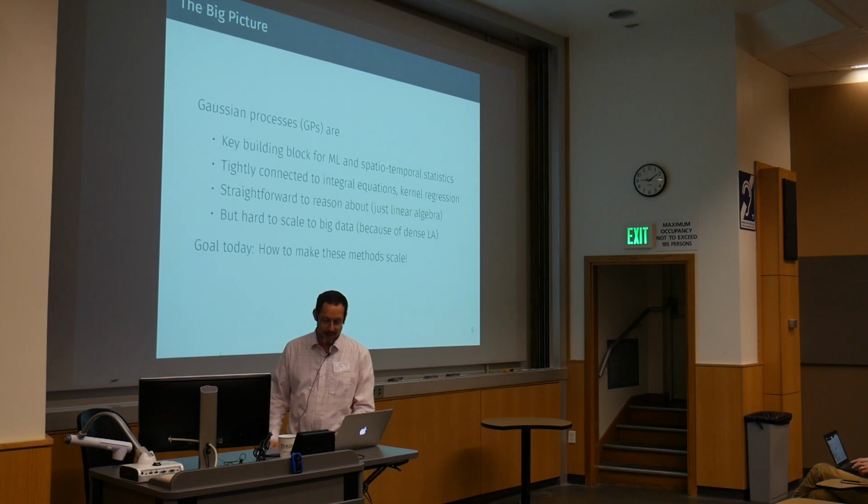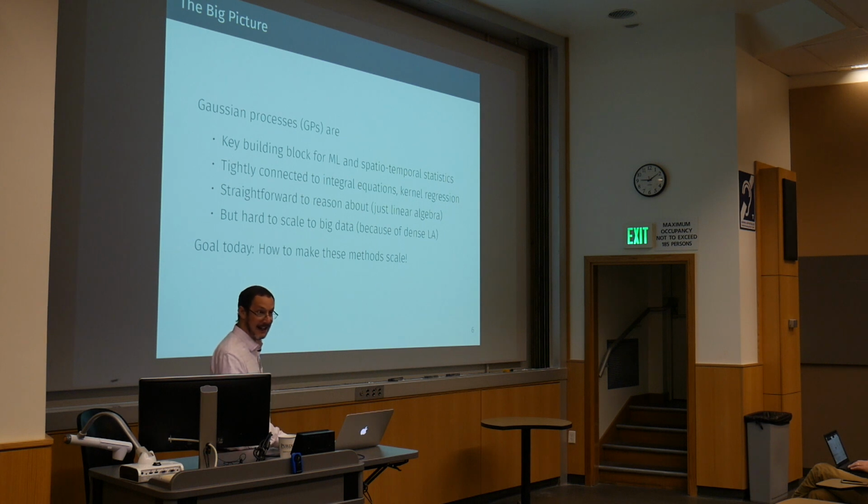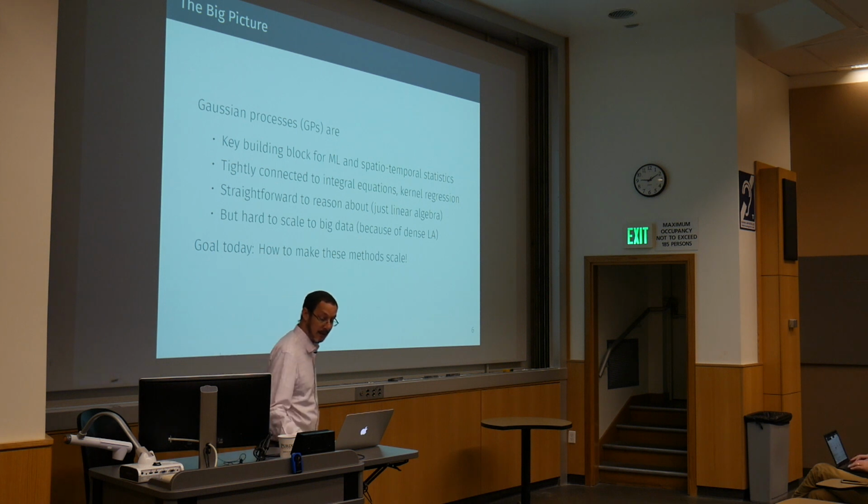So from some perspective, I've been dealing with this for a long time. From another perspective, I got called into that because I could make linear algebra go fast. So it's the same reason that I got called in on this one. There's close connections to integral equations, and I'll touch on that briefly. There's also close connections to other types of kernel regression methods.